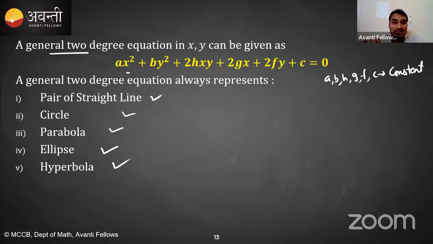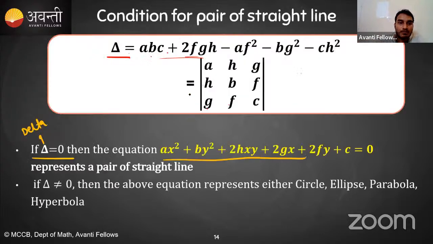This general equation will represent a pair of straight lines when abc plus 2fgh minus af square minus bg square minus ch square is 0. Clear? And if it is not 0, then it will represent either a circle, ellipse, parabola or hyperbola. That we will discuss when we study those chapters. But for a pair of straight lines, delta should be 0.